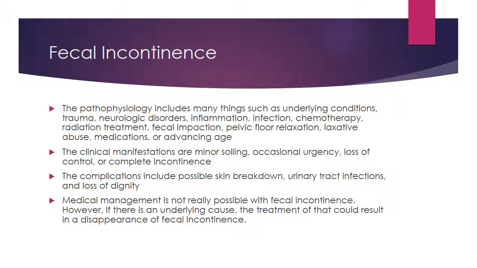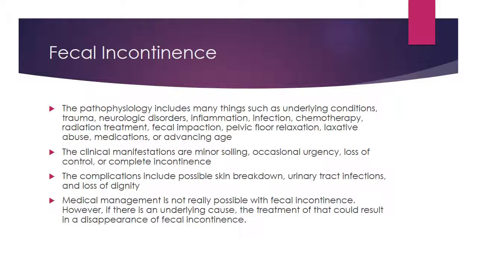Fecal incontinence. The patho includes many things such as underlying conditions, trauma, neurologic disorders, inflammation, infection, chemotherapy, radiation treatment, fecal impaction, pelvic floor relaxation, laxative abuse, medications, or advancing age.